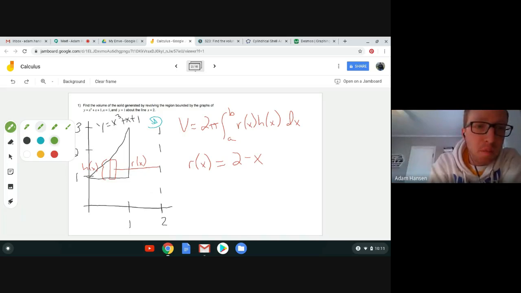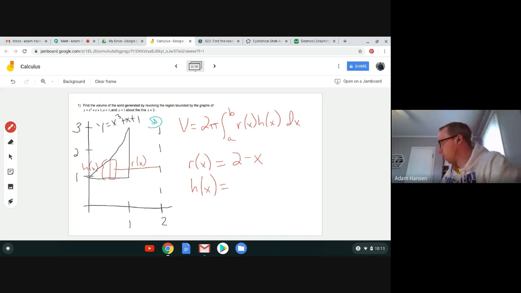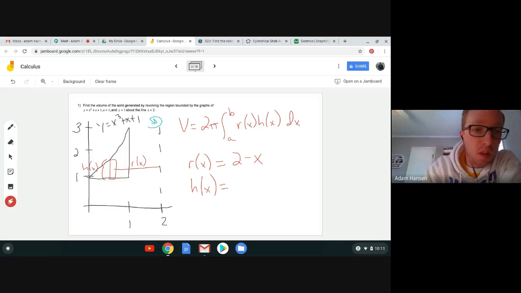How about the height? This whole distance from top to bottom is x cubed plus x plus 1. But I only want to go down to y equals 1.